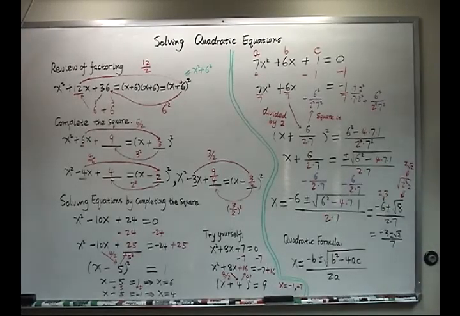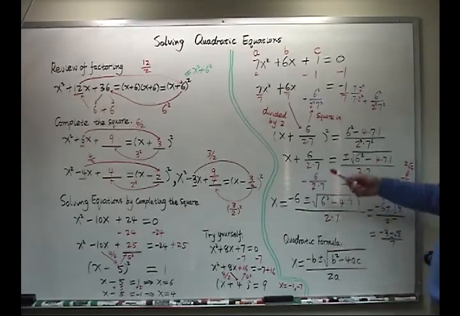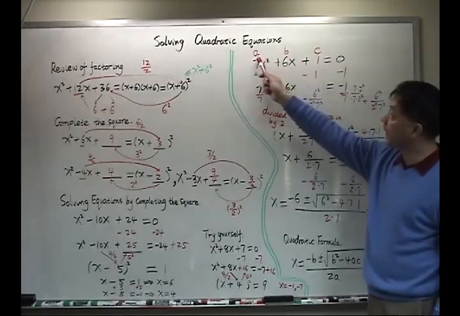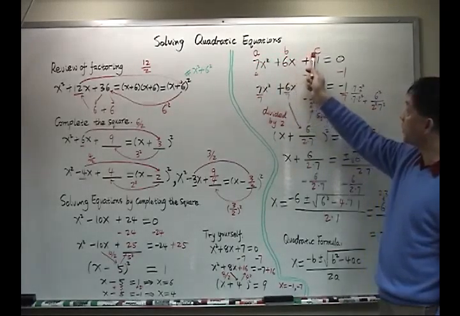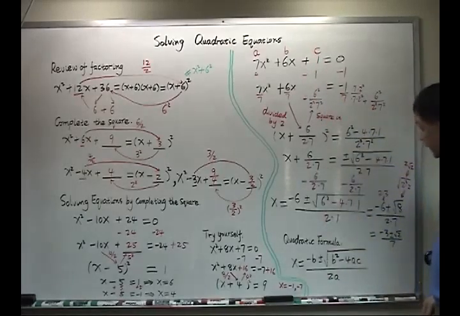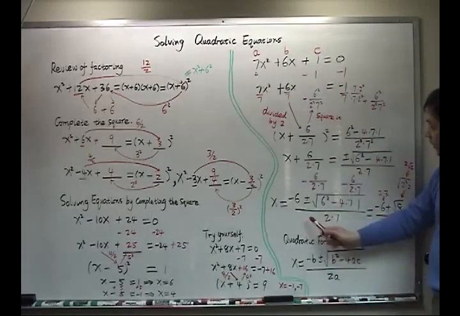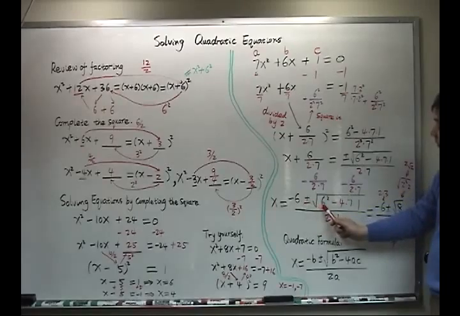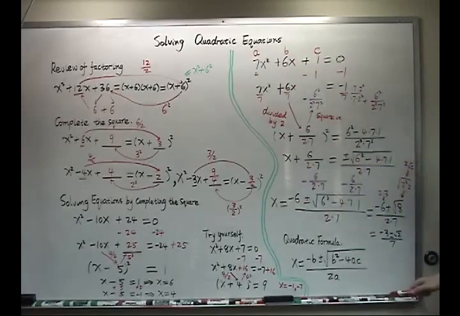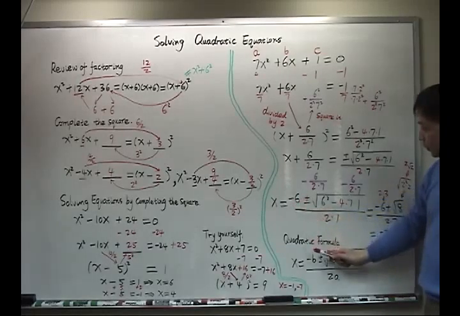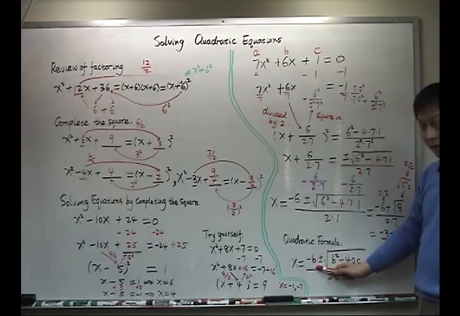Look, right here you can see, if we assume A is 7, B is 6, C is 1, then what we get here is that 6 is actually B. So negative 6 should be replaced by negative B.